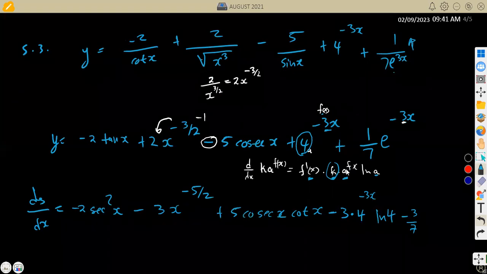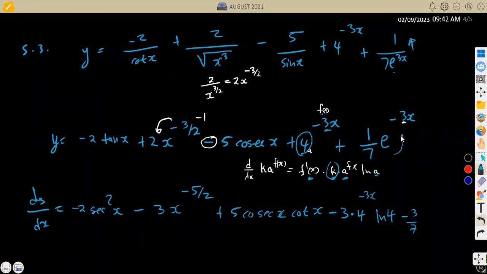A to the exponent of f of x, this is our e to the exponent of negative 3x. Ln a, where a is the base, which is e, so that's ln e. We can just remove the ln e, since we know that ln e is equal to 1, or you can even leave your answer like this.